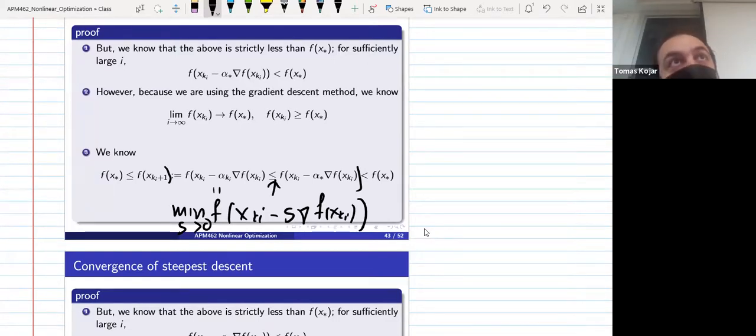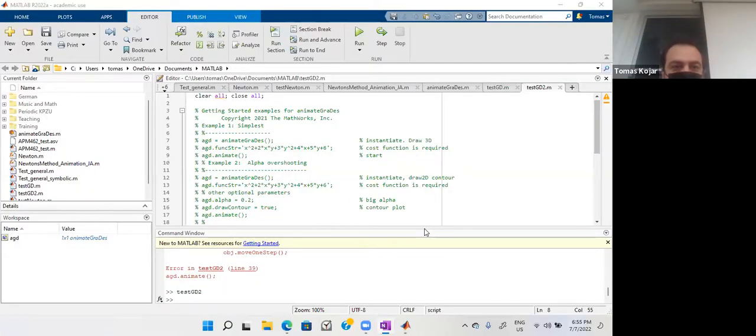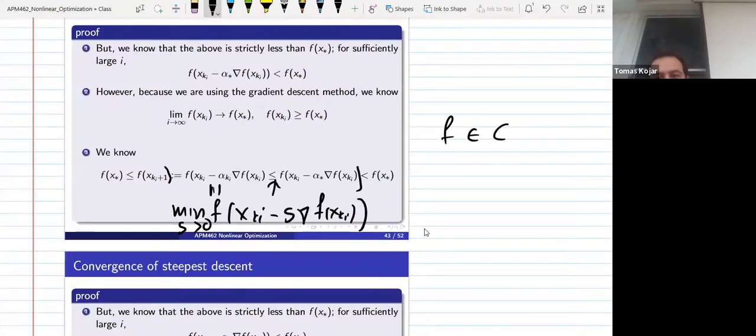Any ideas? There's a question: does C1 satisfy continuity? Yes, C1 means f is continuous and the gradient of f is continuous. And yes, this is a minimum, so you can upper bound by one of the values, since it's a minimum over all s.